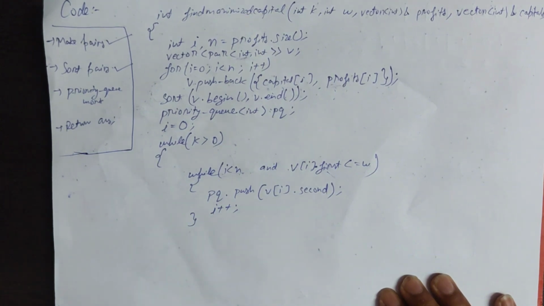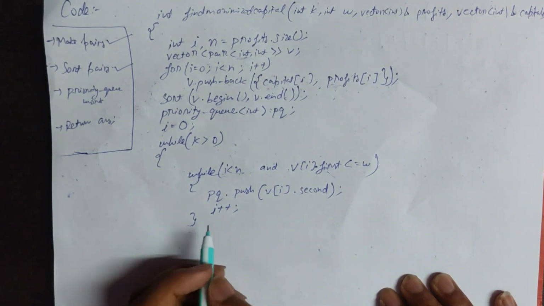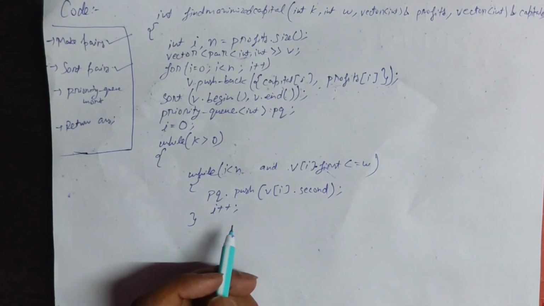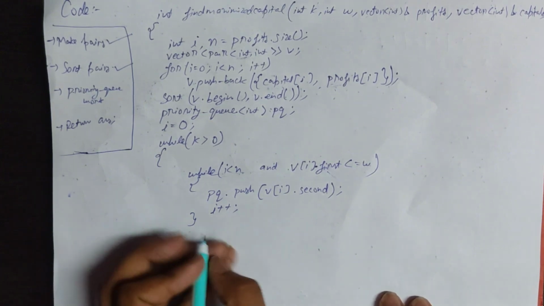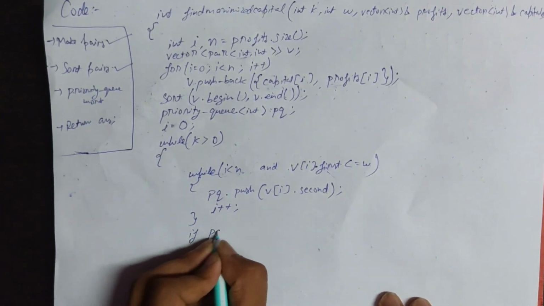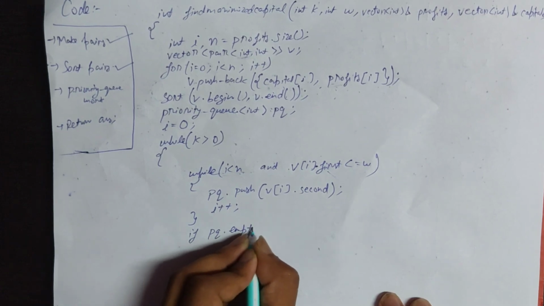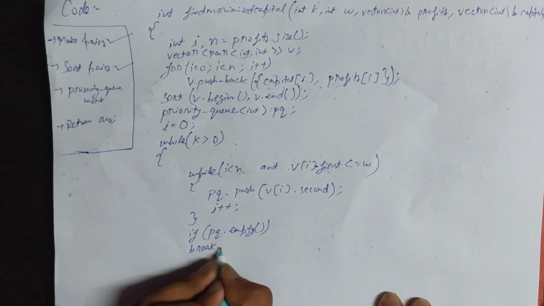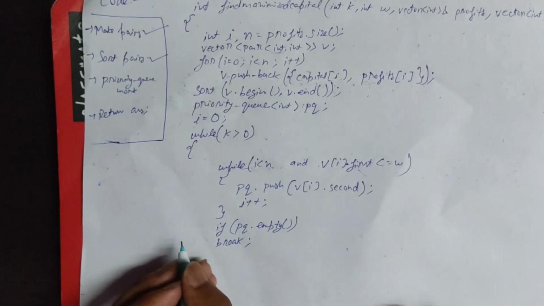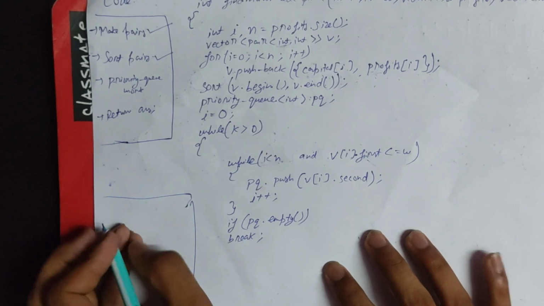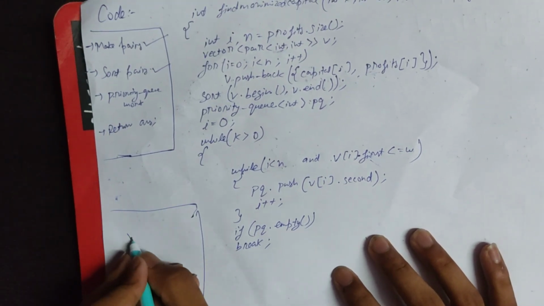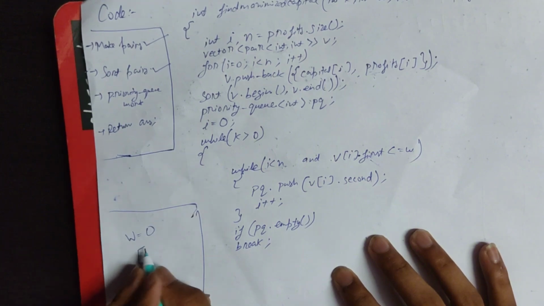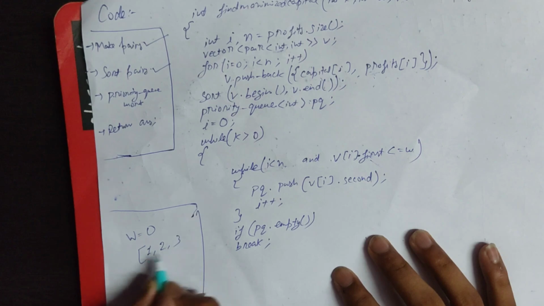And now we will check if pq is empty at any instance. If the pq is empty, we will break, because if the pq is empty we can't check the top of the pq. So we will write: if pq.empty() break. This statement is for an edge case, like if it is given that w equals 0 and the capital array is 1 2 3.